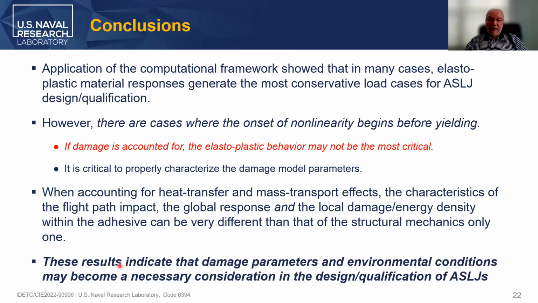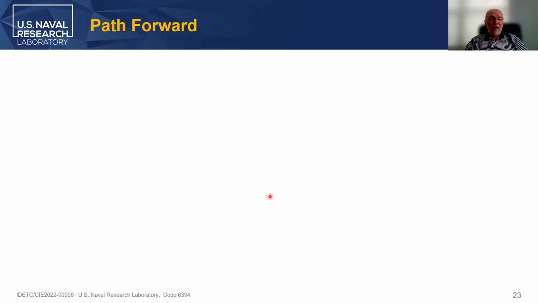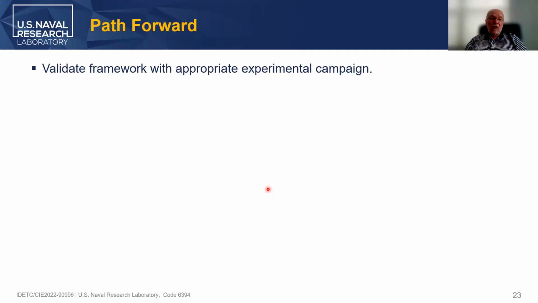And again, I've said this many times, but I think this is the most important thing. This analysis shows that there is really a reason to start considering the fact that it may be necessary to start considering design and qualification of ASLJs by accounting for damage and environmental conditions instead of just elastoplasticity.